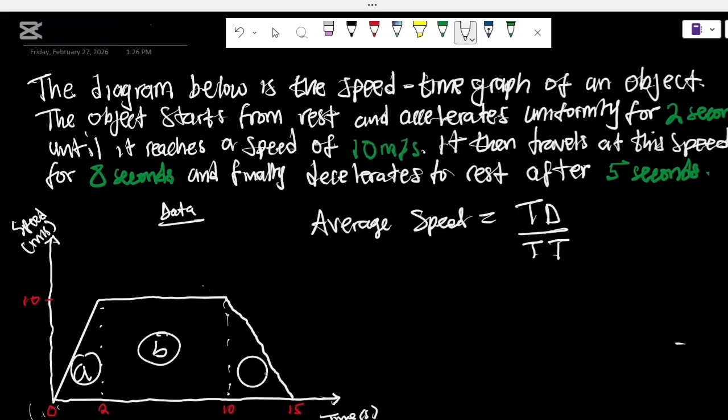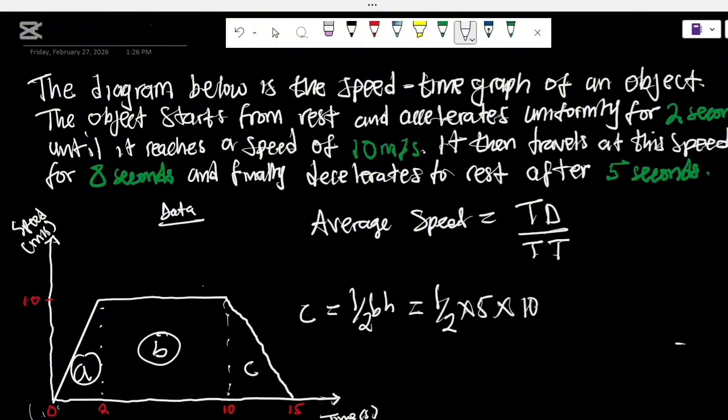So what is the distance? So let's first find the distance covered by an object in the last 5 seconds, from 10 to 15. So that is also talking about the area of that particular shape. So let's call this C. So you notice that C is equal to half BH, which is equal to half. Here we have B, which is 5. And then we have H, which is 10, from 0 to 10 here.